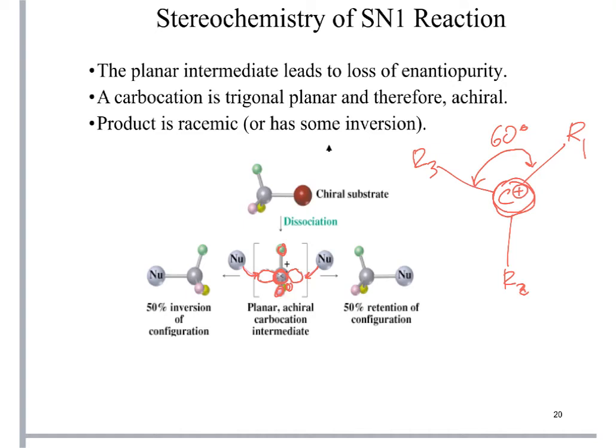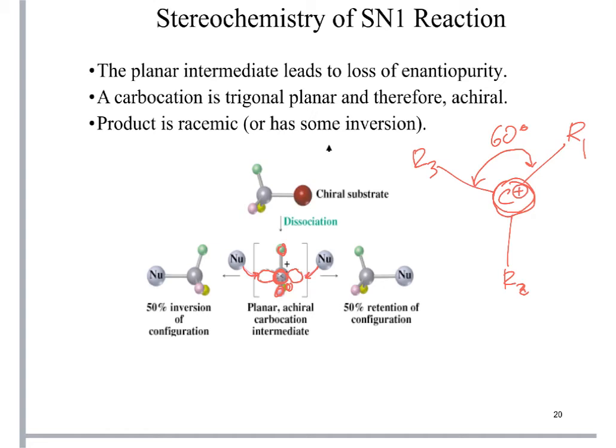And some theories describe how the leaving group is still slightly associated with the carbocation in a transition state, leading to bias in the stereochemical outcome. But let's just focus on the most prevalent example where you will see inversion and retention occurring to the same extent, leading to loss of enantiopurity at the stereogenic center of the product.